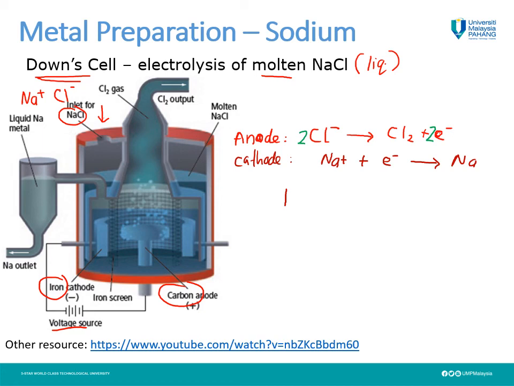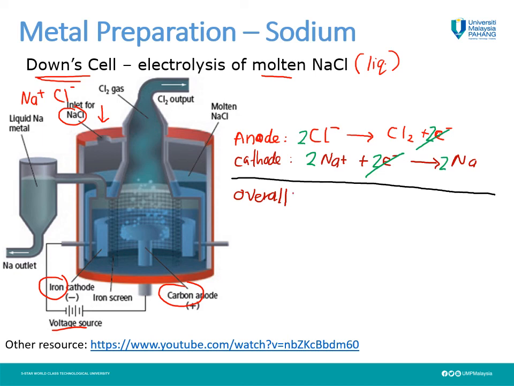So the overall reaction is as follows. To make it easier to eliminate the electron, we need to balance the cell. So we have 2, 2, and 2, so that we can deduct the electron from anode and cathode.